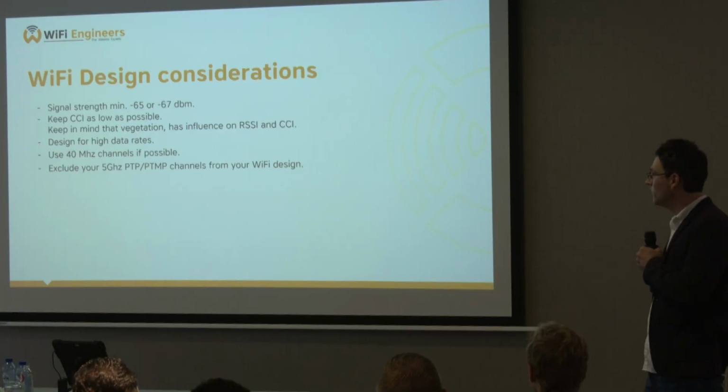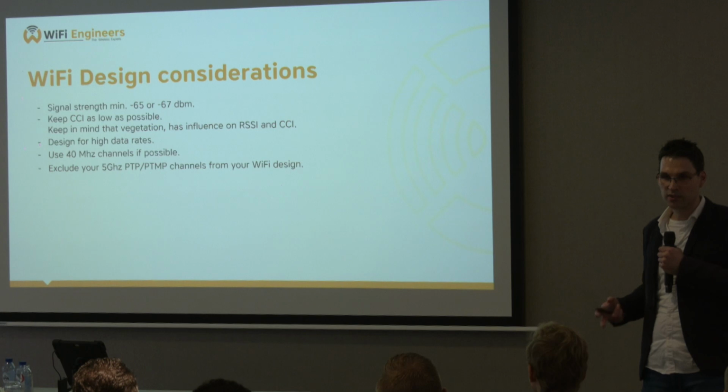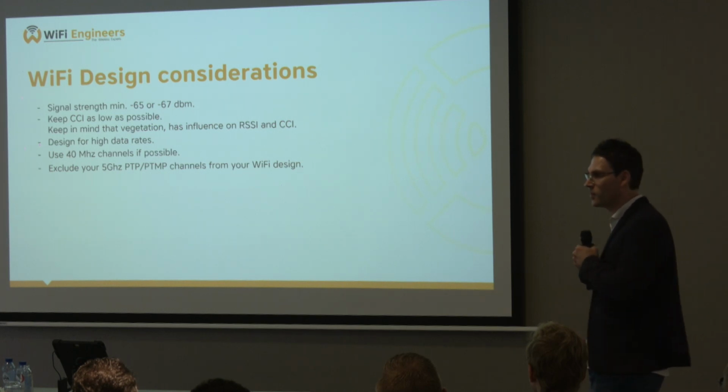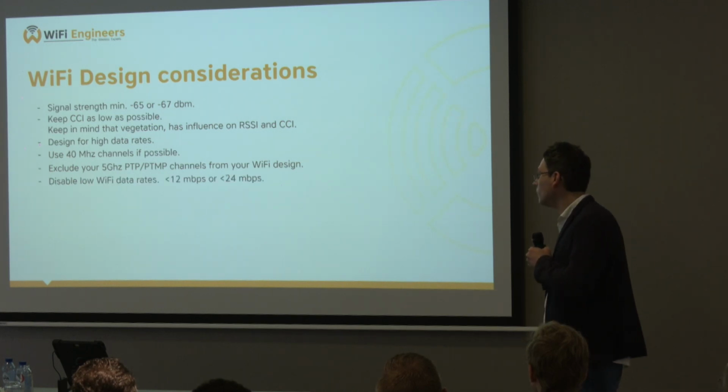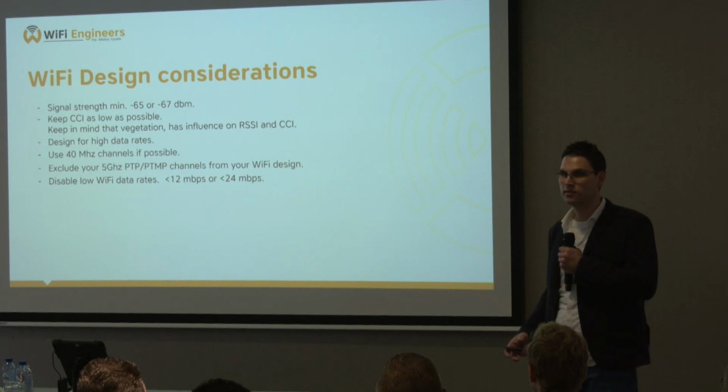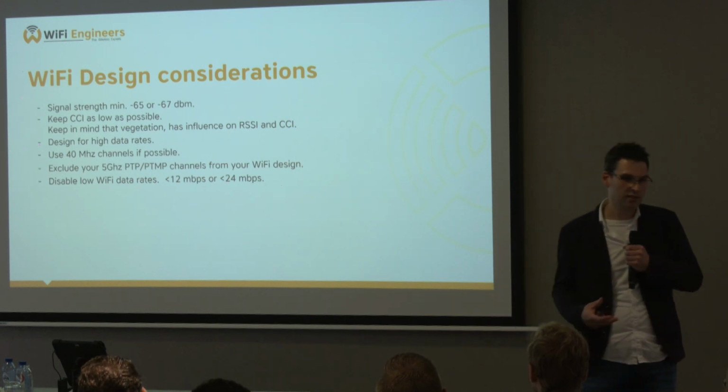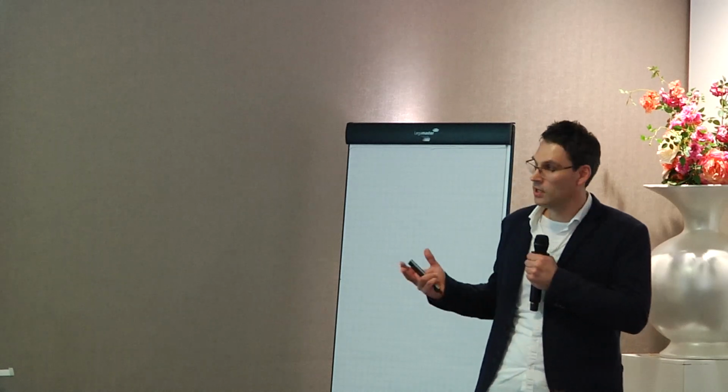Also exclude your 5 gigahertz channels when you're going to use a point-to-point or point-to-multipoint network. Don't combine them, it will affect the performance of your Wi-Fi network. Also try to disable low data rates. From my experience, disabling less than 12 or even less than 24 will help to improve your wireless network.